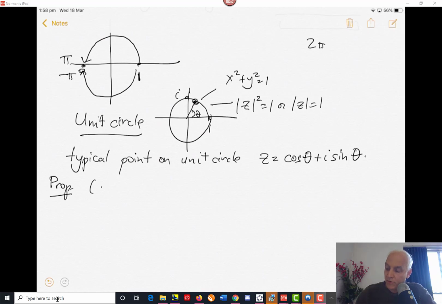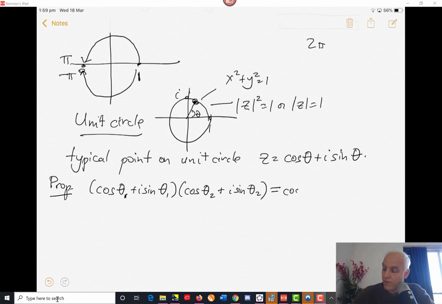I might repeat it just so we make sure we remember that if we have two angles, say theta 1, and we have a point on the unit circle, cos theta 1 plus i sine theta 1, and we multiply that by a similar point on the unit circle with an argument of theta 2, namely cos theta 2 plus i sine theta 2, then the result of that multiplication is another point of the same kind, where the new angle is the sum of the previous angles.